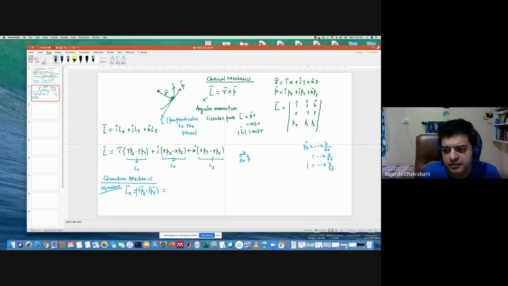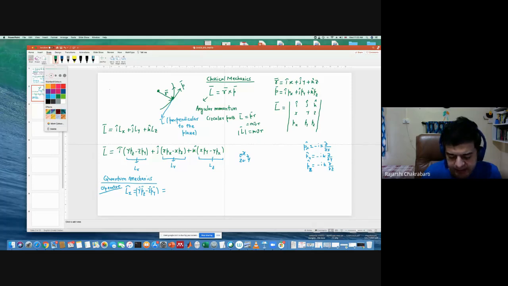I hope everybody remembers; everyone should know at least about it. Anyway, minus iħ cross is common. So I can take this minus iħ cross outside.